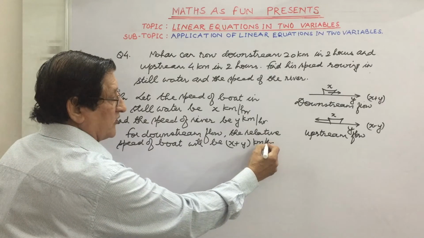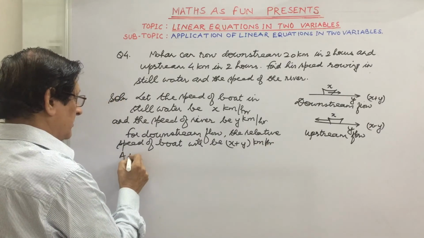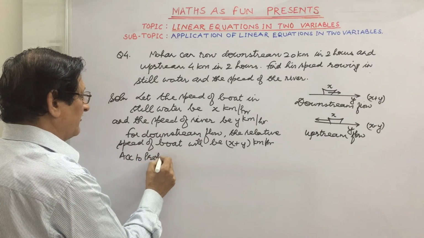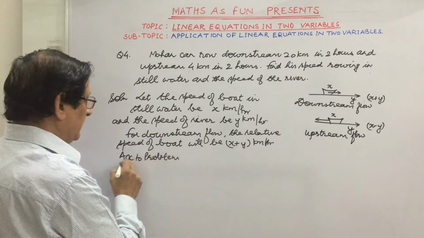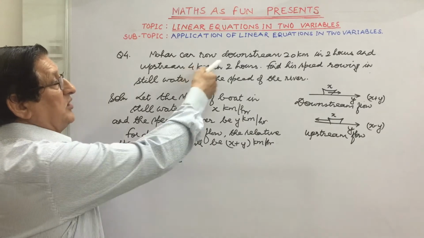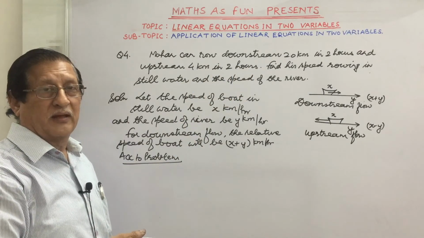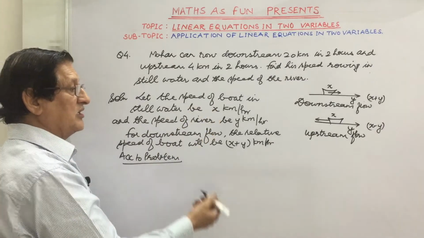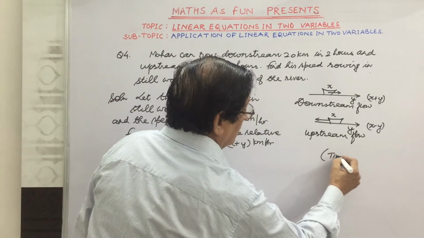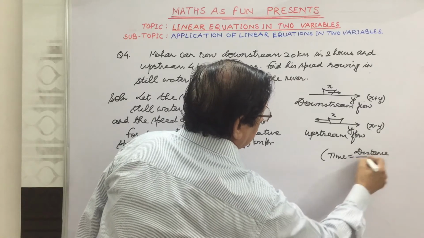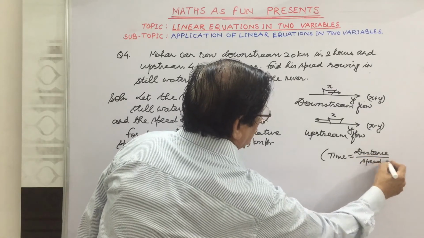Then according to the first problem, what do we have? It is given that going 20 kilometers it takes 2 hours. And we know that time is equal to distance upon speed. So we can make use of that here.